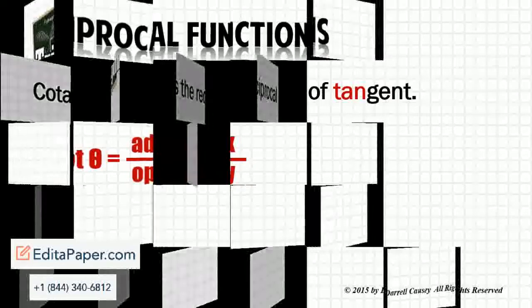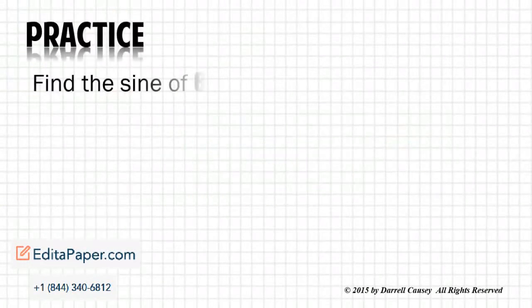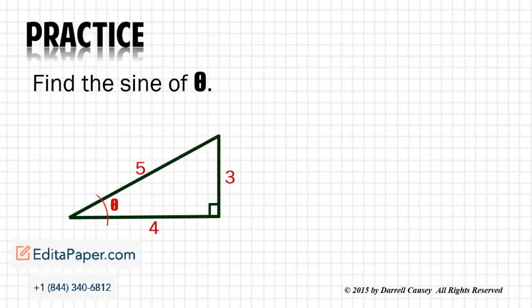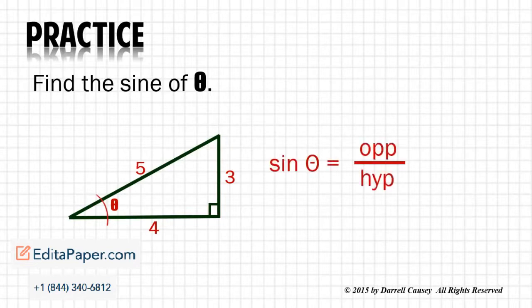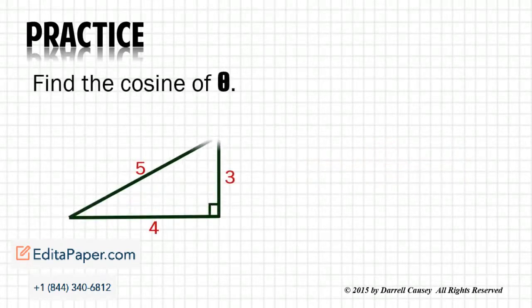Now you need to know these functions so we can do a little practice. Now find the sine of theta. Well, sine of theta is opposite over hypotenuse, and there's the opposite side, so it's 3 over 5, or 3/5. Find the cosine of theta.